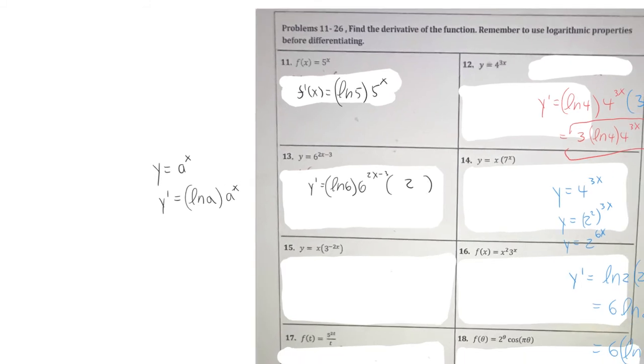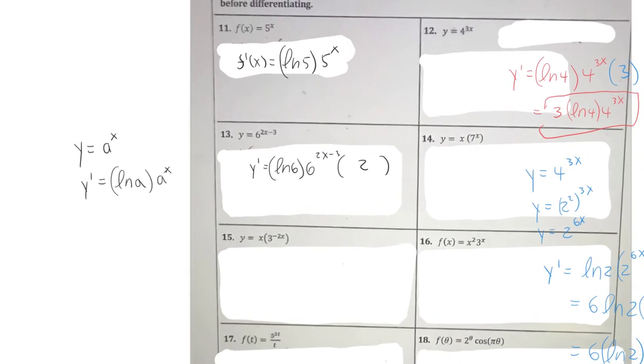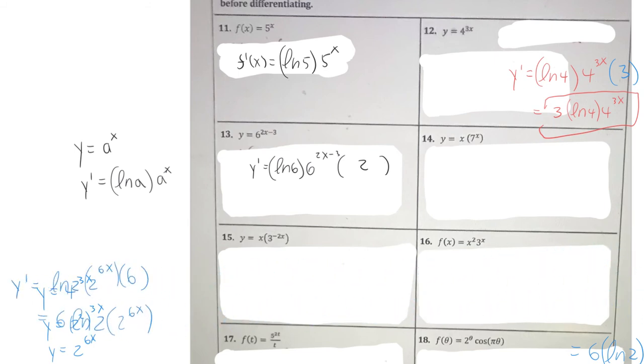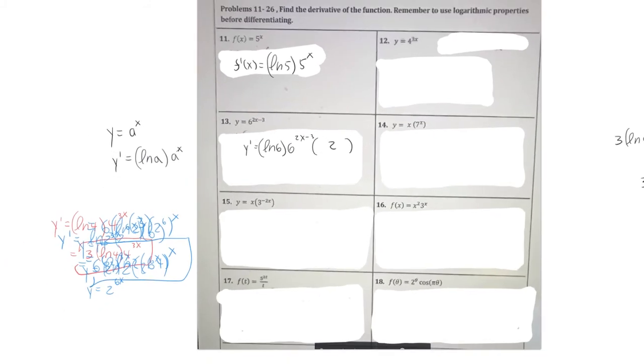Okay, problem number 14. So this one is a chain rule, or a product rule, I should say. It's probably a chain rule too, but it's a product rule. Let me just get rid of this stuff real quick.